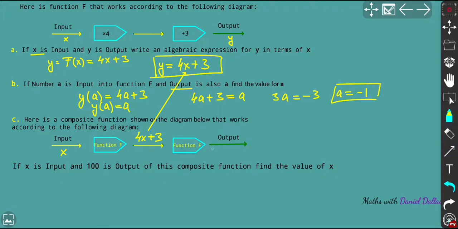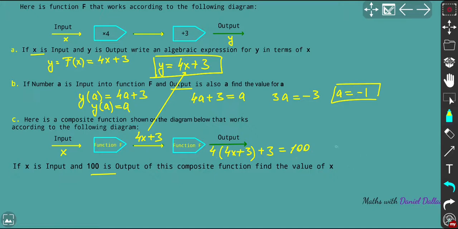So that means you've got 4 times, instead of x, you plug in that compound expression, and on top of that you add 3. That's going to be the output in that case, and you know the output is 100, so it's equal to 100.